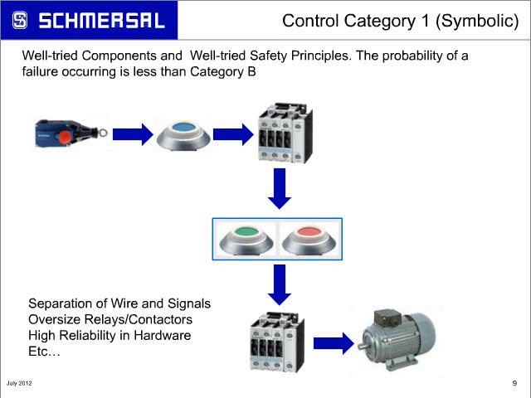Is it possible that a wire can short circuit? It's possible, but more unlikely that that could occur, so you eliminate or potentially significantly reduce a fault of a short circuit occurring inside wiring or installation of wiring to improve the reliability of your circuit. Another one is oversizing your relays or contactors.